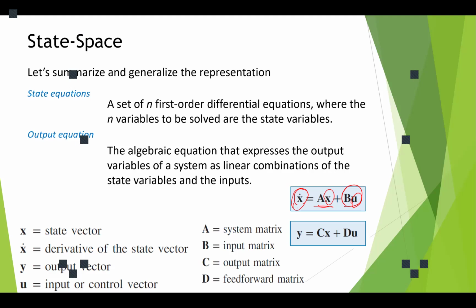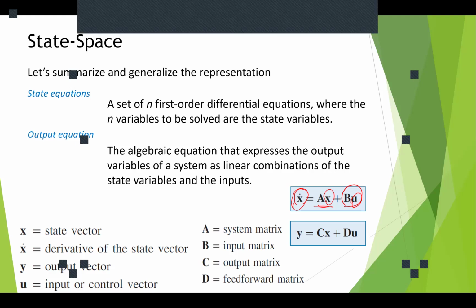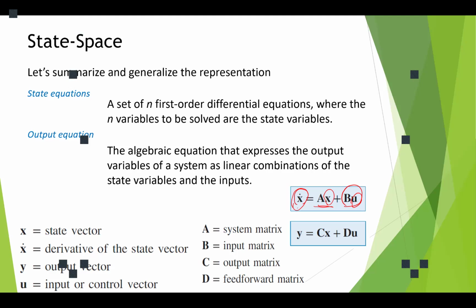These variables, the vector of x, are not necessarily, for example, the parameters that you want to examine. They could be the derivative of that parameter or the second order derivative of that parameter. We are gonna see an example, and you are gonna have a better understanding of what I'm talking about.